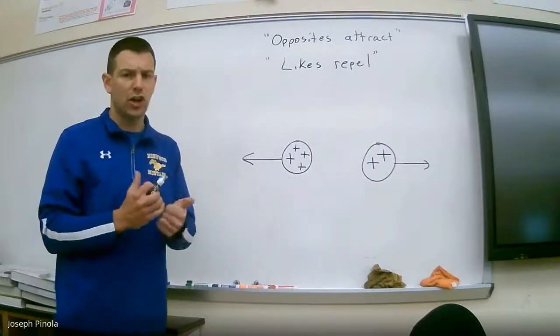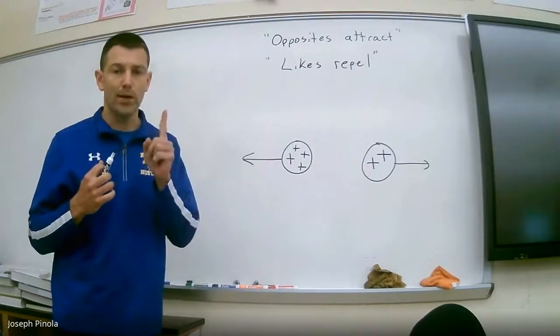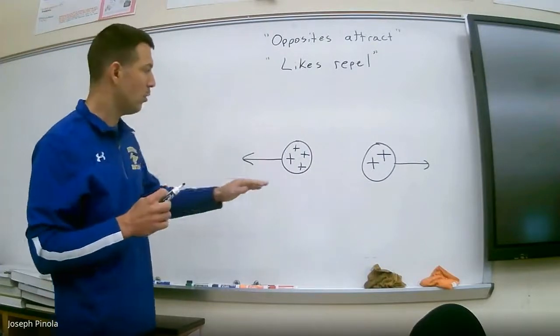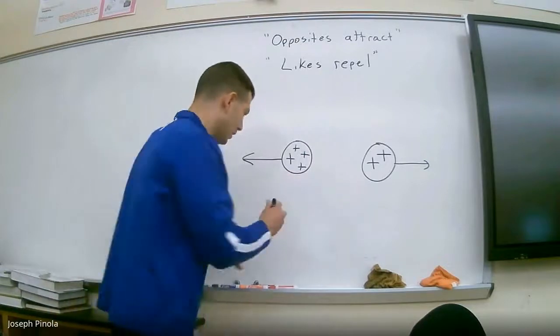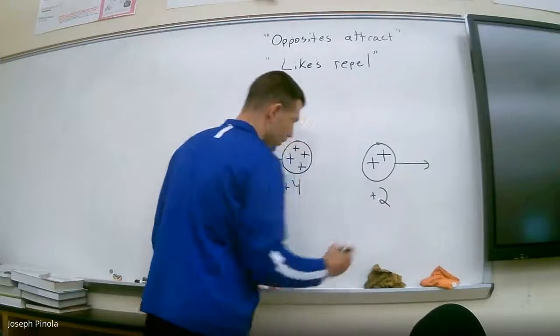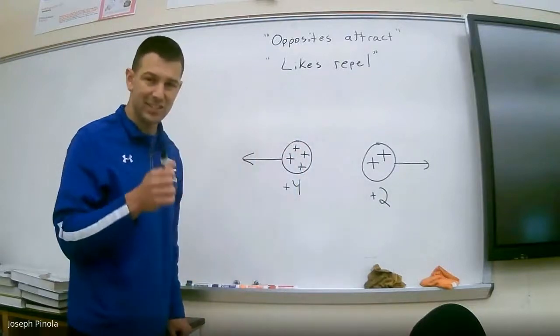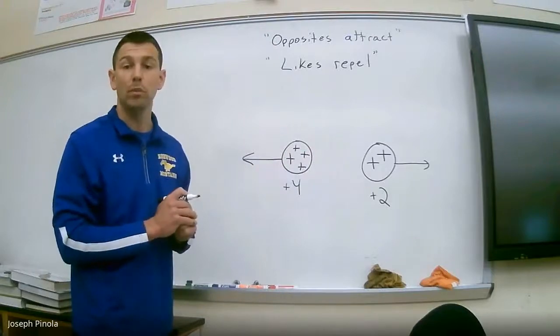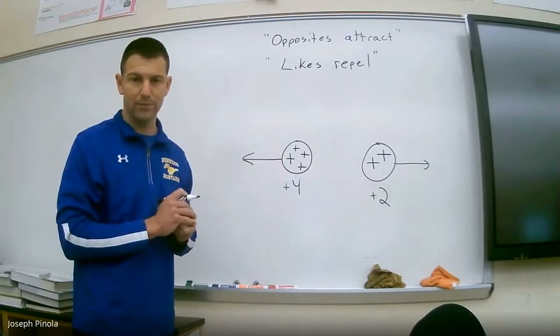Now these charges are going to push away much more than they did before. That's because we have stronger charges, positive 4 and positive 2. Since the charges are bigger, the repelling force between them will be much stronger.